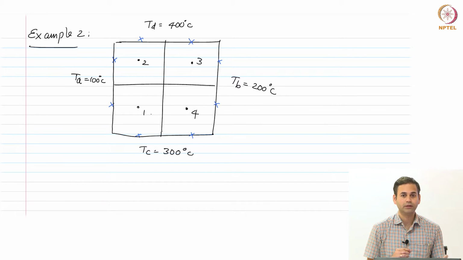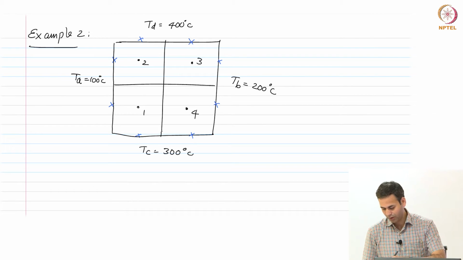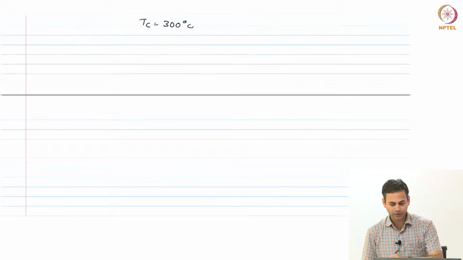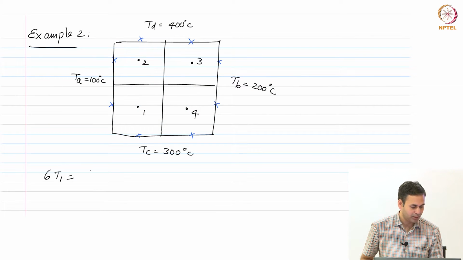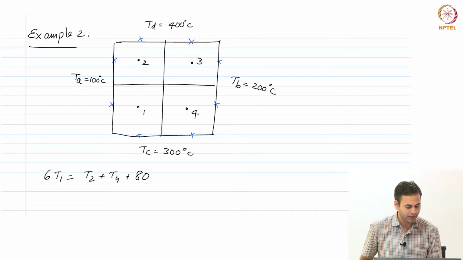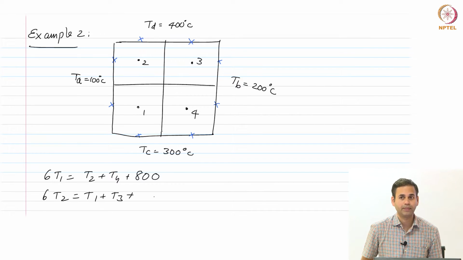the linear algebraic equations. We have discretized and written down the equations. So, can you tell me what are the equations we have for this problem? This was 6T1 equals T2 plus T4 plus 800, and then 6T2 equals T1 plus T3 plus 1000.